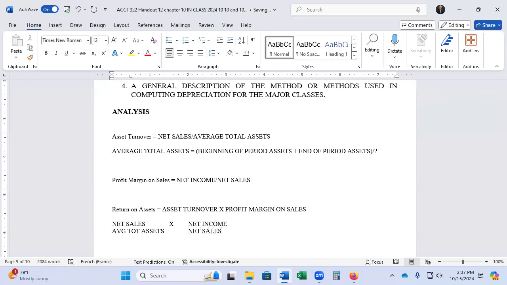So when we line them up with their formulas, you get net sales over average total assets multiplied by net income over net sales. We can cancel out the net sales, and it's also equal to net income divided by average total assets.